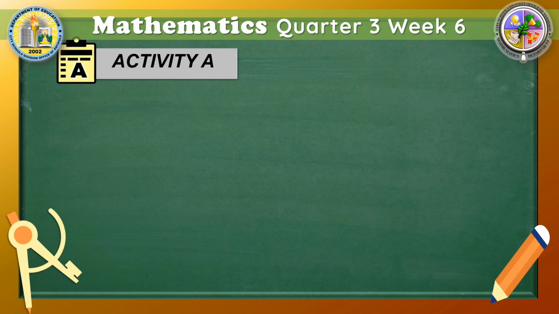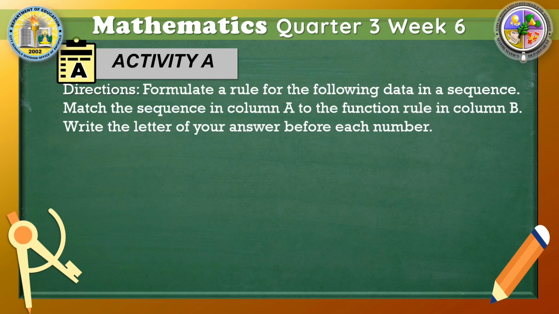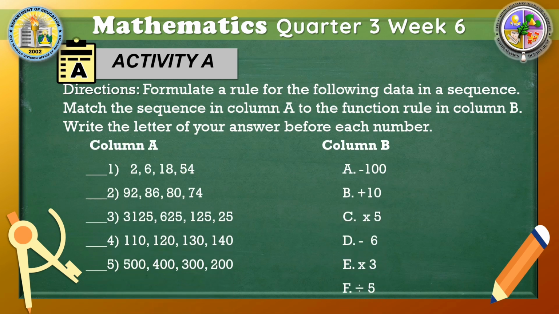To test how far you understood the lesson, I want you to bring a piece of paper and answer the following activities. Are you ready, kids? Activity letter A. Directions: formulate a rule for the following data in a sequence. Match the sequence in column A to the function rule in column B. Write the letter of your answer before each number.